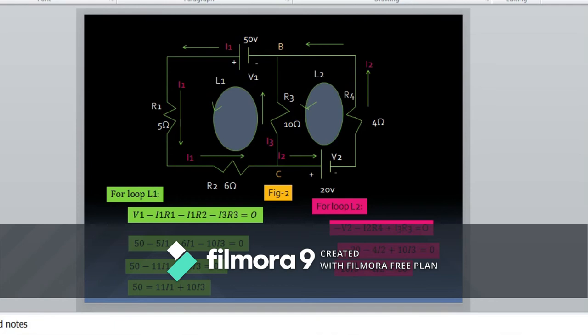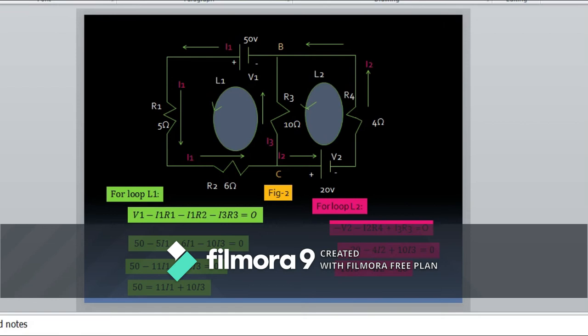The value of the voltage V1 is assigned as 50 volt. So putting all the values of voltage and resistances as shown in figure 2, the above equation becomes 50 minus 5I1 minus 6I1 minus 10I3 is equal to 0, or 50 minus 11I1 minus 10I3 is equal to 0, or 50 equal to 11I1 plus 10I3.